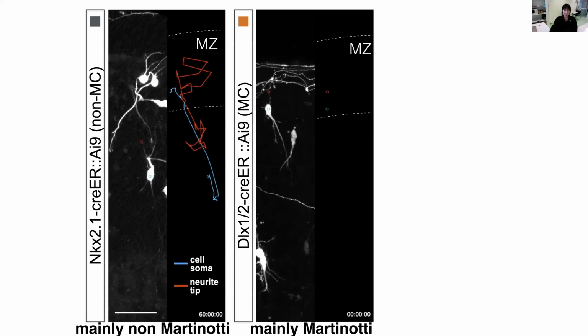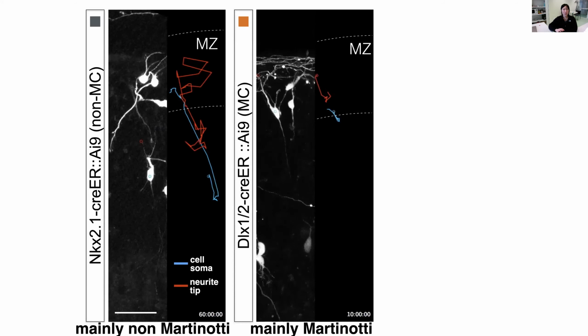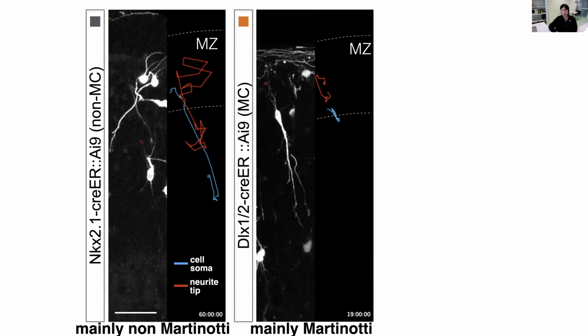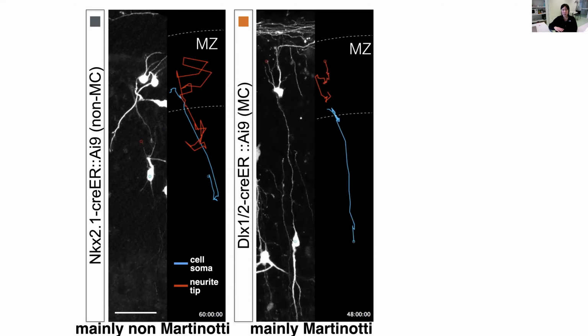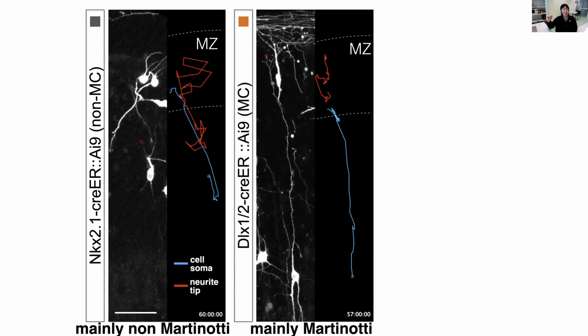In contrast, in the same type of movie in a line that mainly marks Martinotti cells, what we see is quite different. The cell migrates into the cortical plate. However, its trailing neurite almost doesn't move out of the marginal zone. It's really being left behind as the cell moves down.